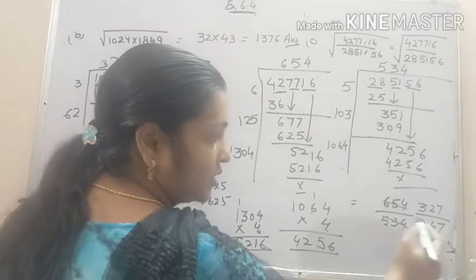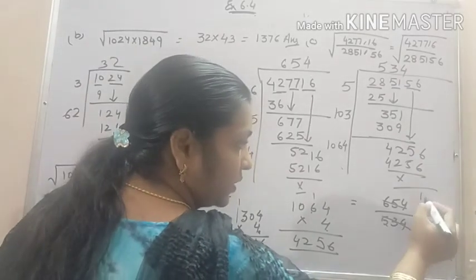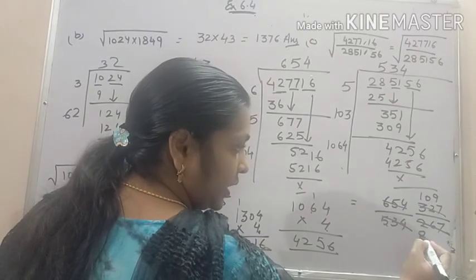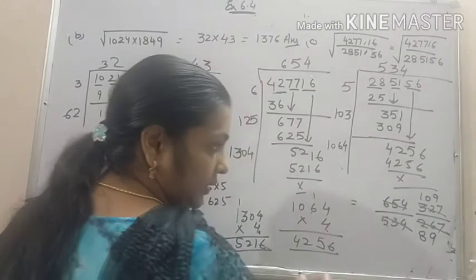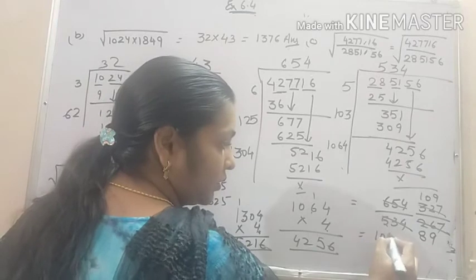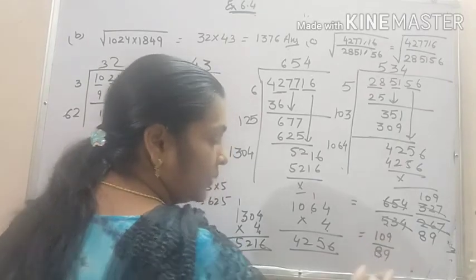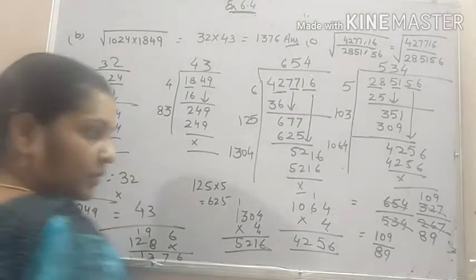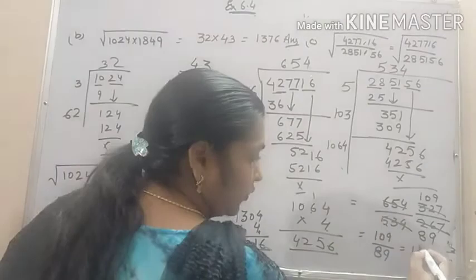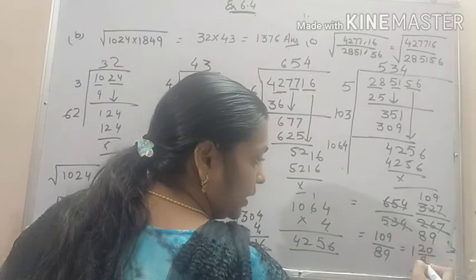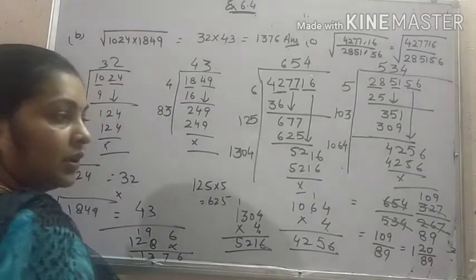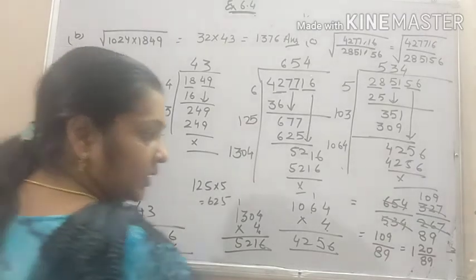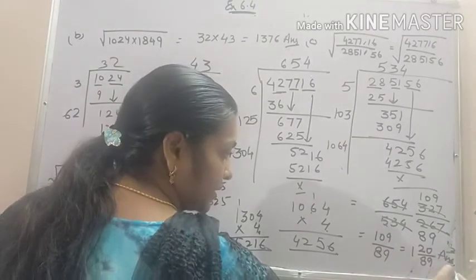Isn't it so? So divide it by 3. 109, and here it will be 89. Now I think they are not divisible by any number. If you want, you can convert it into a mixed fraction. It will be equal to 1 20 by 89. This is our answer.